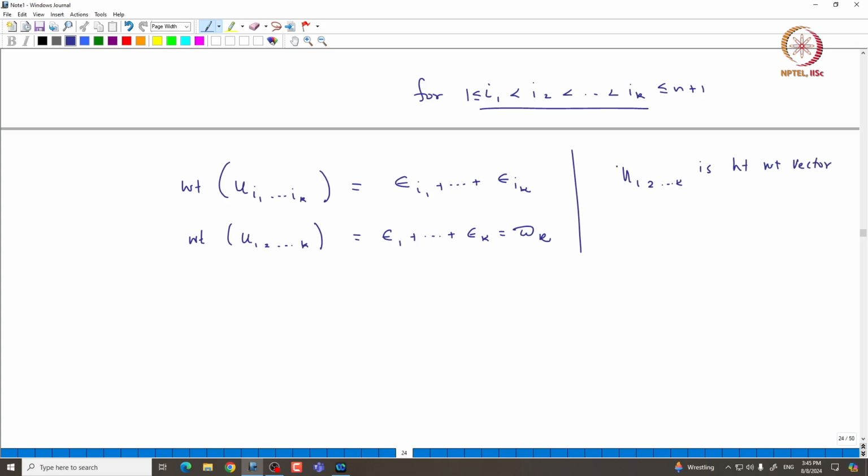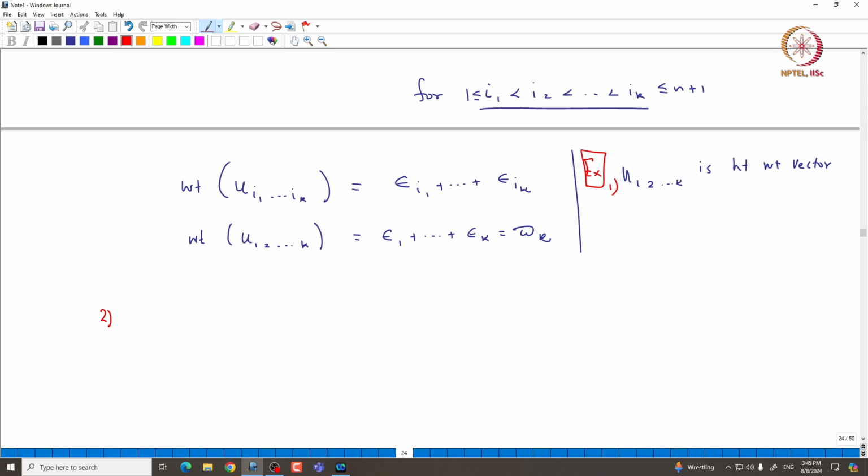That's a simple exercise, okay. So this is again simple enough to prove. What is difficult is getting all the other elements u i 1 etc. u i k from u 1, 2, etc. k using the lowering operators, okay.